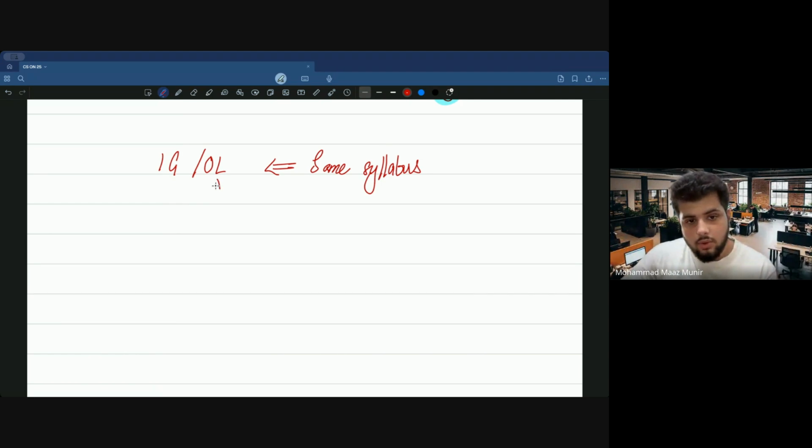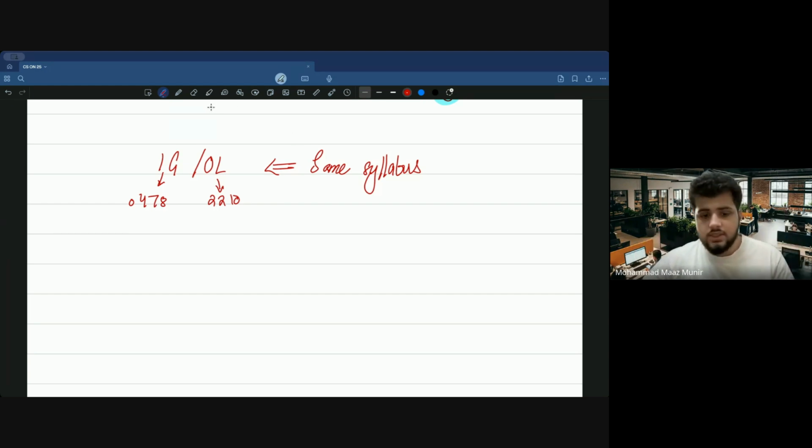So your O level code of 2210 and your IGCSE code of 0478, these both have 100% identical course, identical paper, identical exam pattern. Even if you sit in October, November 2025, the kid appearing in IGCSE or in O level will have the exact same paper.